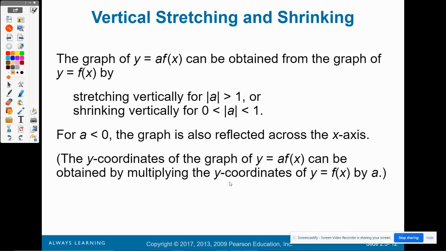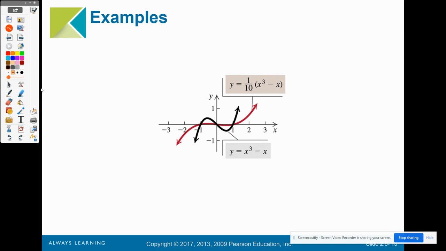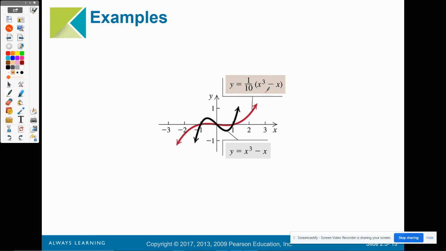If it is inside the parentheses, that will be a different story. So here, look, the number is in front of the parentheses and it's less than 1. So it's like somebody is sitting on it and it flattens it out. Black is original. They're flattening it out. That is called a vertical shrink.